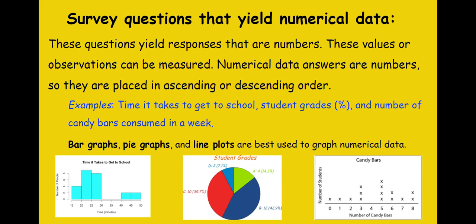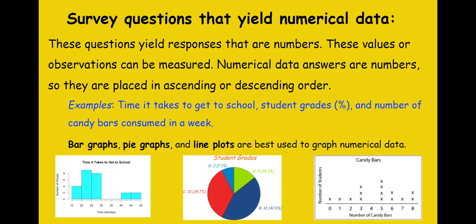So look at the first example. If your survey question was, how long does it take you to get to school in the morning? You would have answers that came back as numbers. Around here, it definitely would be minutes. So you might have 15 minutes, 20 minutes, 25 minutes, 30 minutes.